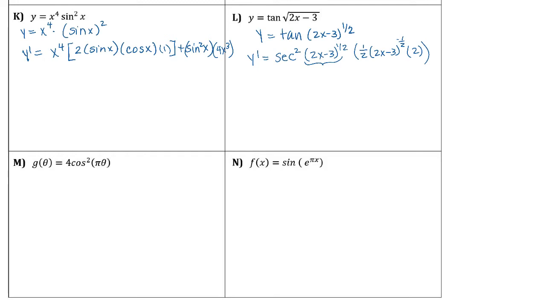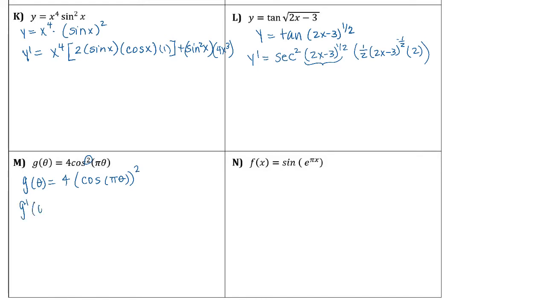All right, so for m, again, I would move this exponent to the outside. So I have g of theta equals 4 times cosine of pi theta, all of that raised to the second power.